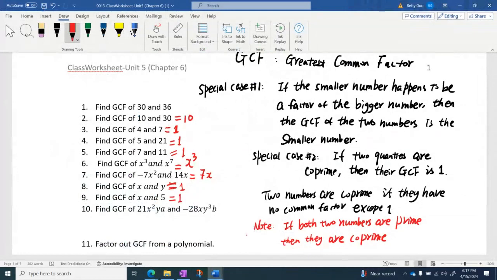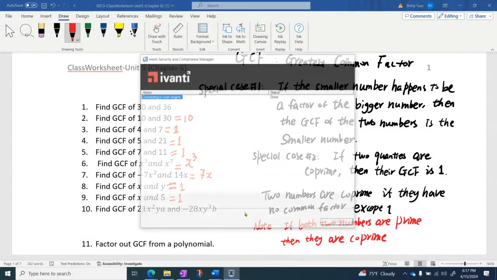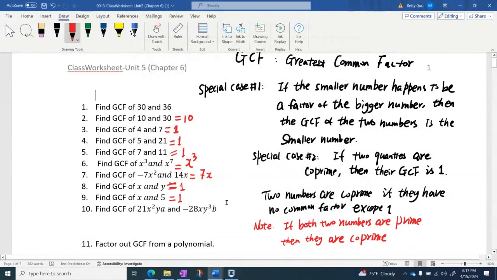We don't use much LCM in this course, but if you go to a higher level, for example, pre-cal, I think you probably need to know how to find the LCM for two monomials or even binomials. So here we only care about GCF in this chapter. Anybody can help me with number 10, the last one? Question number 10, the two given things are both multivariate monomials.